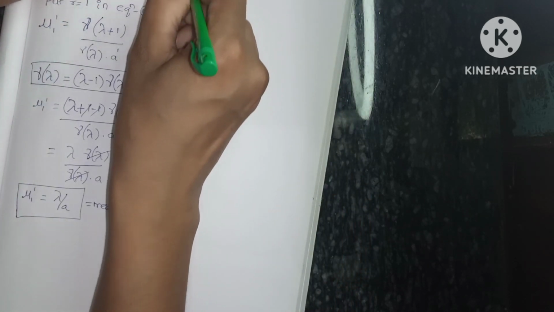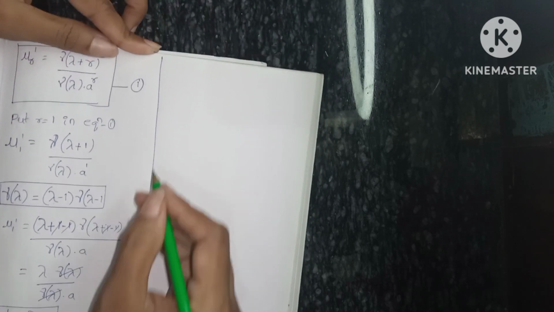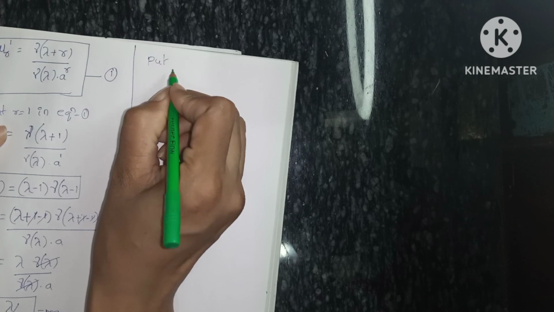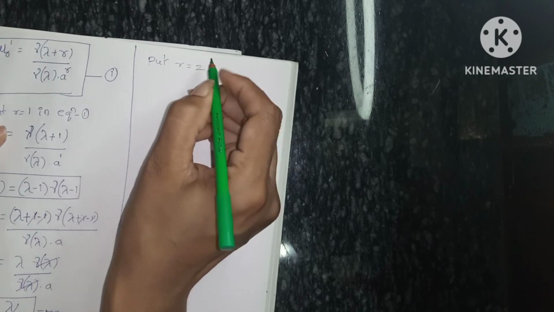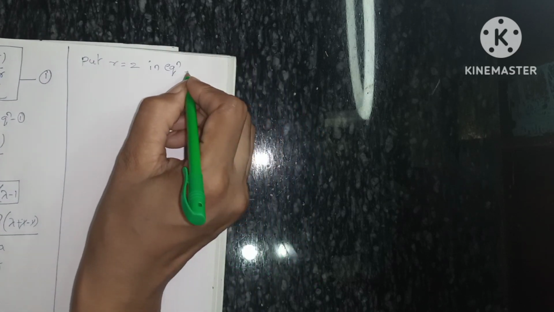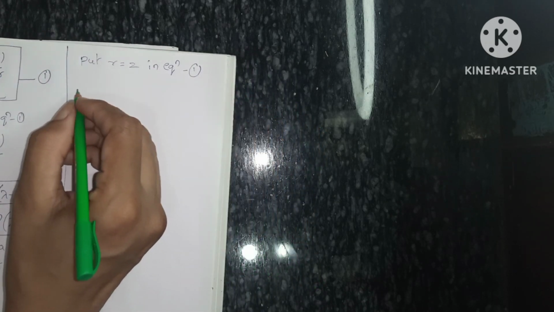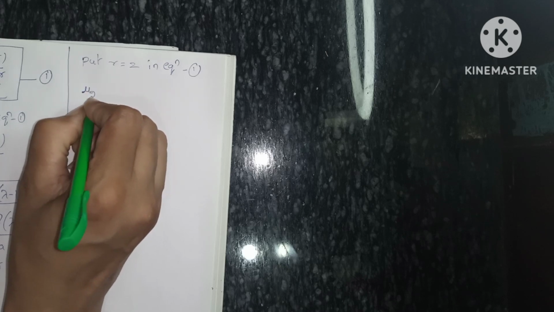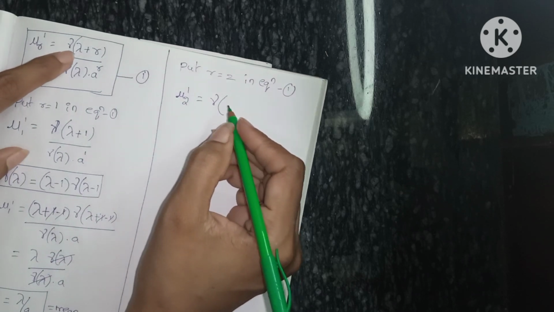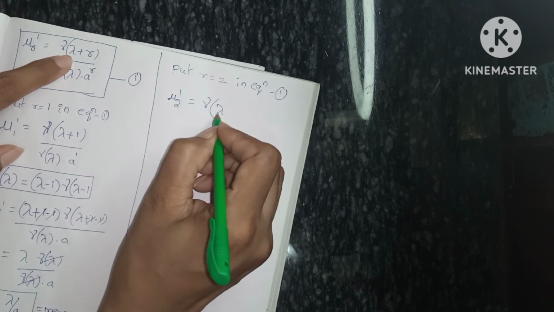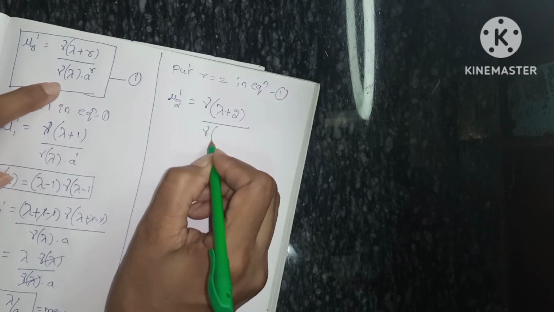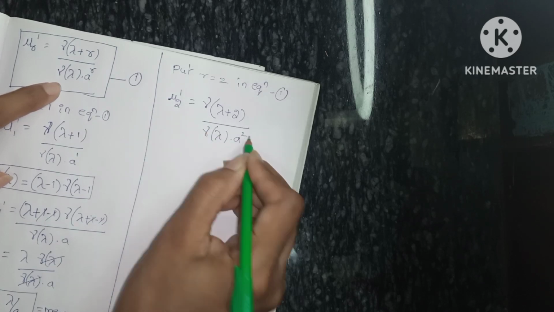Now we need mu 2 dash. That means put r equals 2 in equation 1. So mu 2 dash equals gamma of lambda plus 2 by gamma of lambda into a power 2.